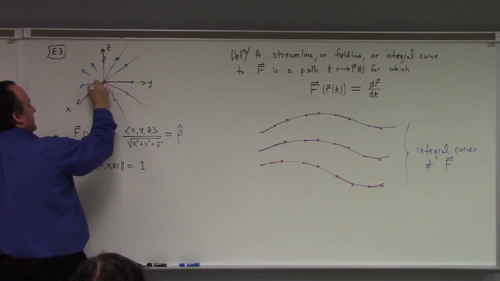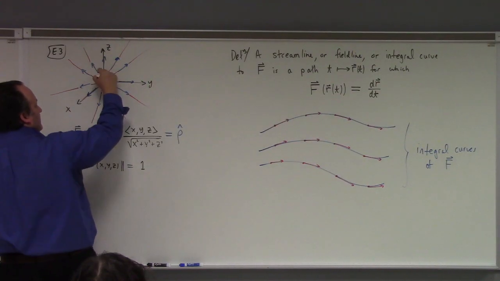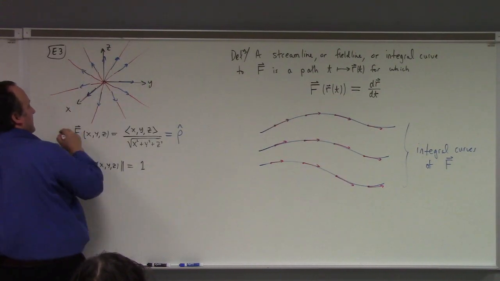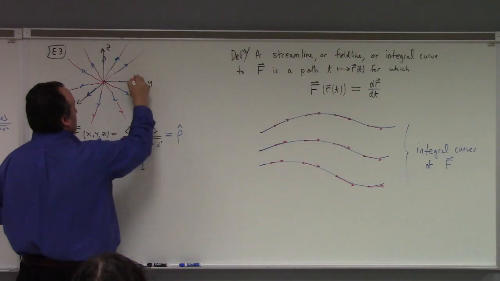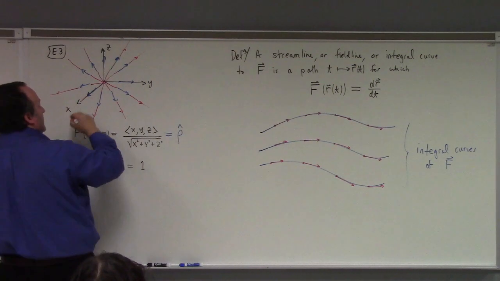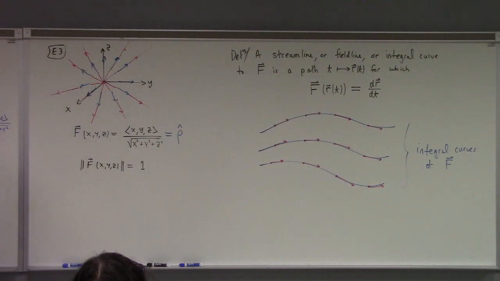The field lines here are simply lines that are radially out from the origin. And these kinds of pictures are how we do physics. In physics, oftentimes we visualize a vector field in terms of its flow lines, its streamlines, if you like.